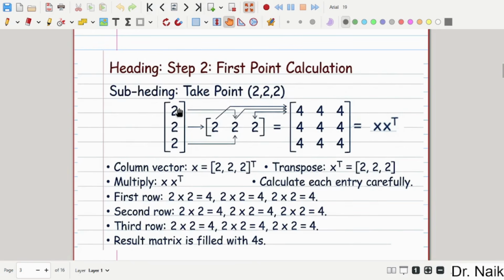First row becomes 2 into 2, 4, 2 into 2, 4, 2 into 2, 4. Similarly second row is 2 into 2, 4, 2 into 2, 4, 2 into 2, 4. And third row becomes 2 into 2, 4, 2 into 2, 4, 2 into 2, 4. So all the entries are 4.